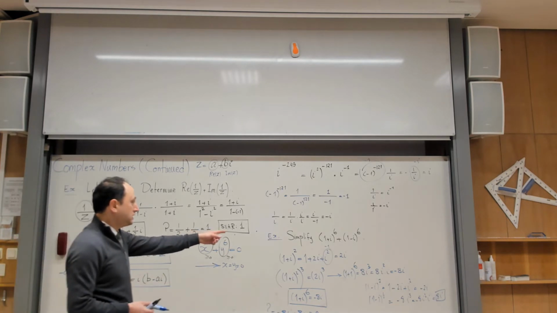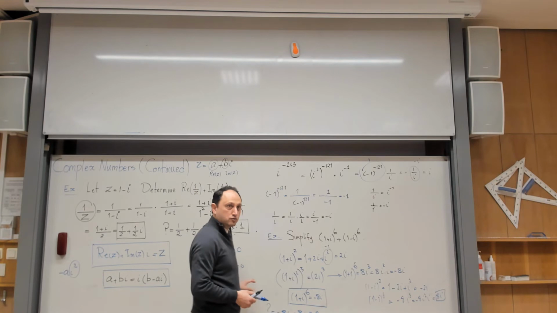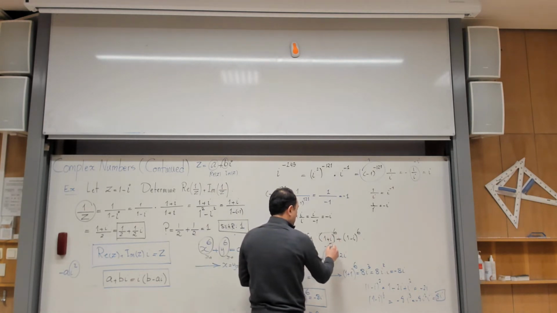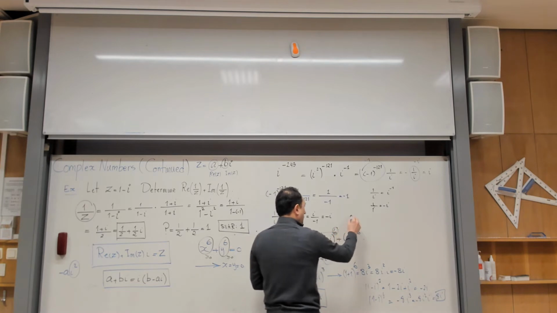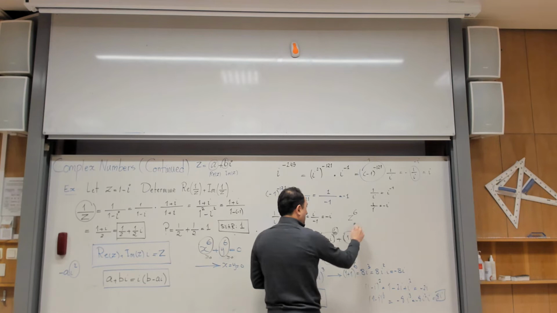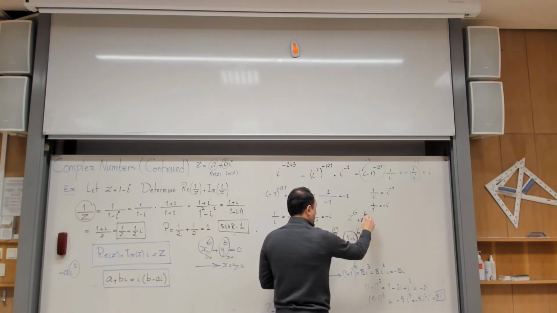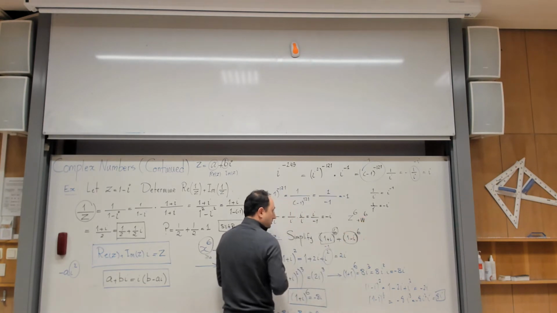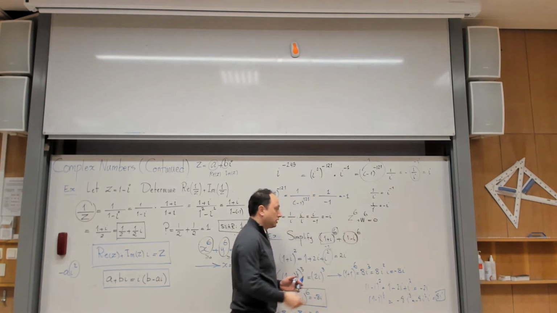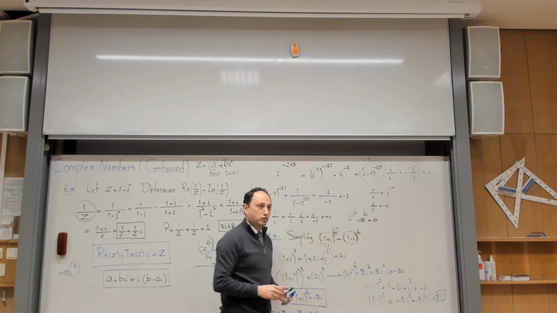But here you see a complete deviation from this rule. So here I have a complex number to the power of 6. Let me call it z to the power of 6. And I have another complex number, let me call it w to power 6. And I see the result is 0. But none of these are 0. One of them is 1 plus i, the other one is 1 minus i.